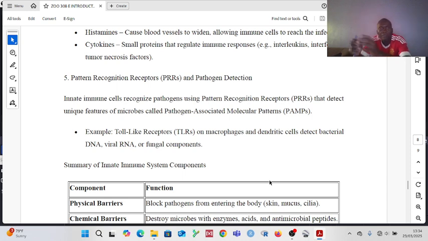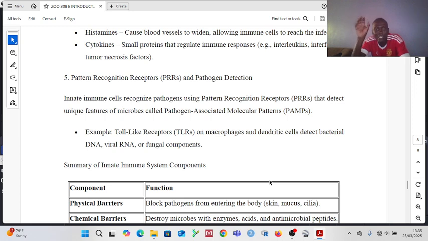Okay. So remember we said the innate immune system is not specific. It deals with a wide range of pathogens. But these pathogens, most of them, if not all, will have a molecular pattern that is associated with pathogens. So the innate immune cells will now recognize that pathogen associated molecular pattern.